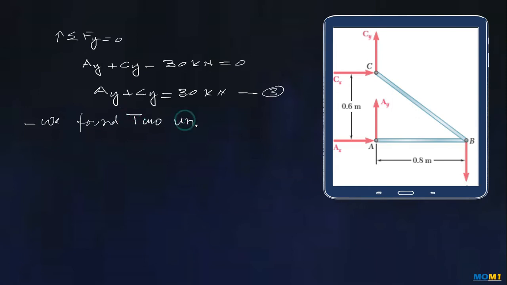Now, so far we found two unknowns out of a total of four unknowns.